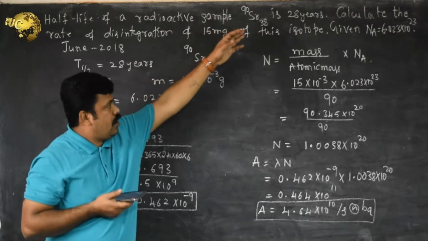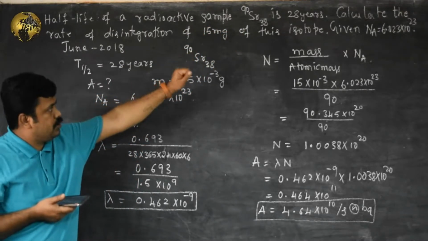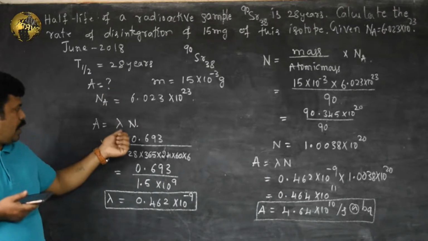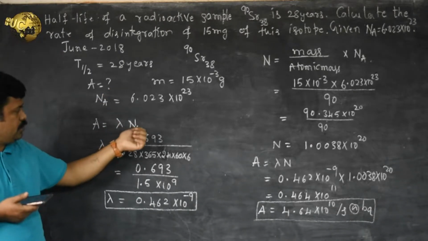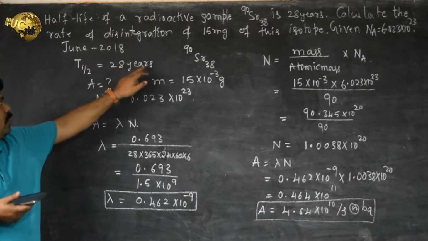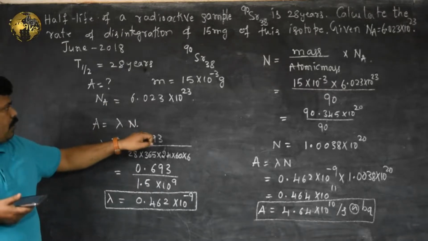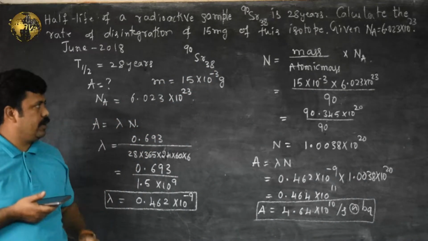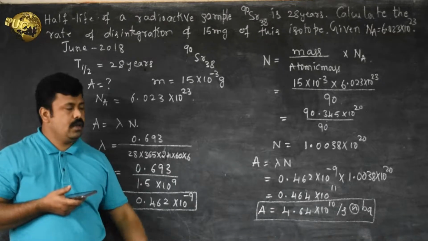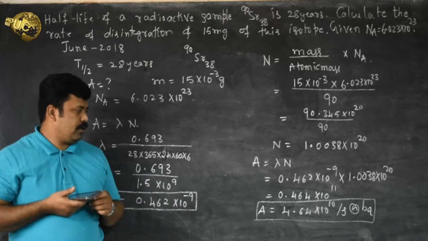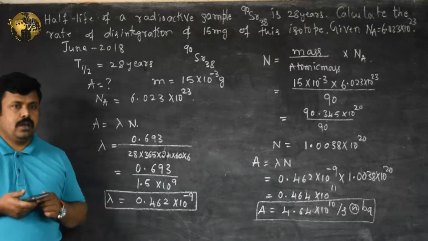The given are the half-life and the mass. Activity is equal to lambda, the decay constant, into the number of atoms. The decay constant can be found from the half-life, and the number of atoms can be found using the formula mass divided by atomic mass multiplied by the Avogadro number. It's a standard one. So finally we can calculate the activity.